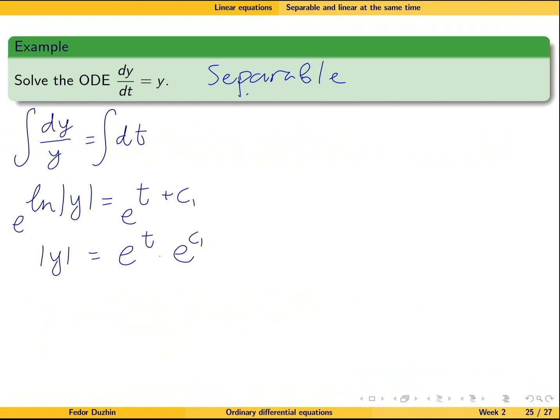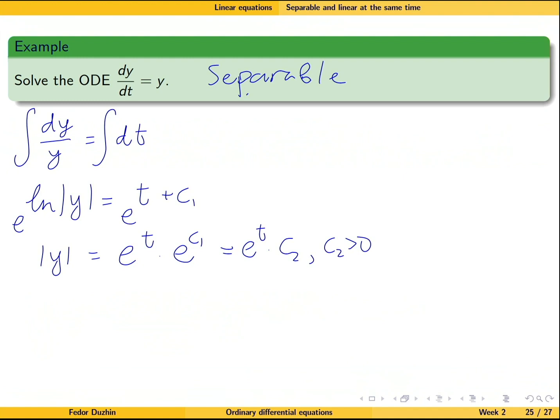Okay, but then notice that if c1 is any constant, then e to the power c1 is any positive constant, right? So if you take the exponential function of any number, then you get a positive number. So this is really e to the power t times c2, where c2 is a positive constant. But this is the absolute value of y.